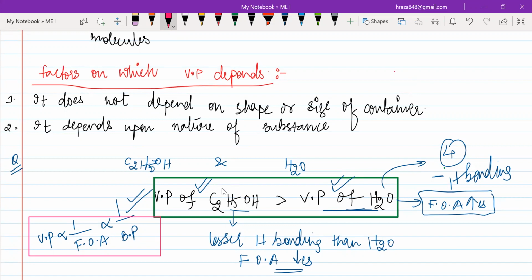That means the boiling point of C2H5OH, that means ethanol, will be lesser than the boiling point of H2O. Please do write it and let me know.